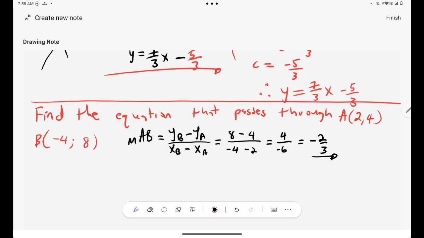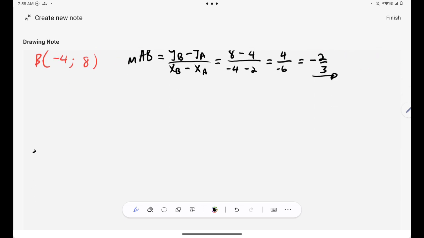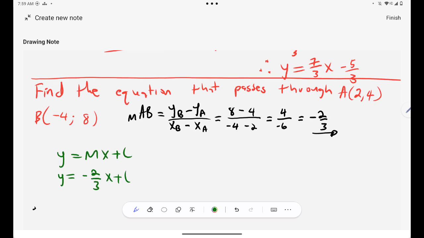Now I do have my gradient. I can simply find the equation of my line. Let me use green. I can say y is equal to mx plus c. Are we together? I know that the value of my gradient is negative 2 over 3. All I need to do is to find the value of c.